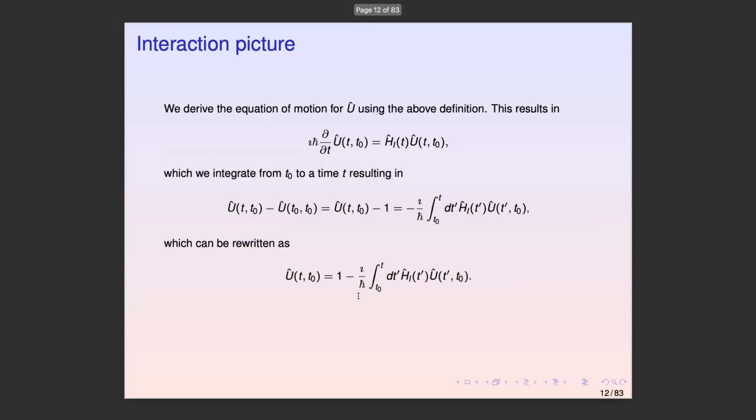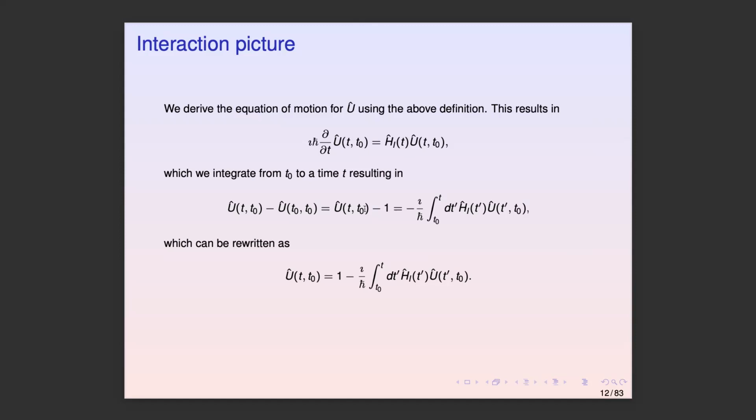And one of the quantities which we introduced, when we manipulated the equations, is actually to obtain an equation of motion for the time. This operator, this unitary transformation, is also called the time evolution operator. So if you can solve this equation here, you basically solve the many-body problem.